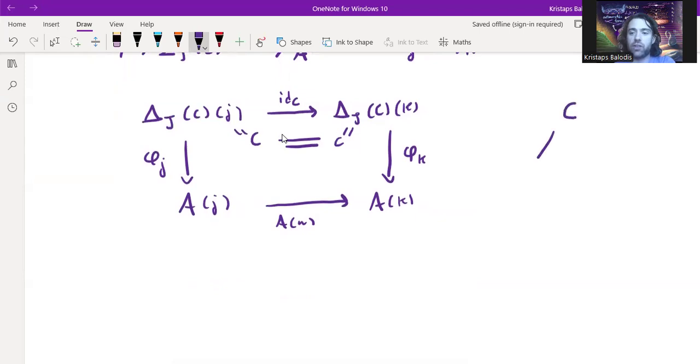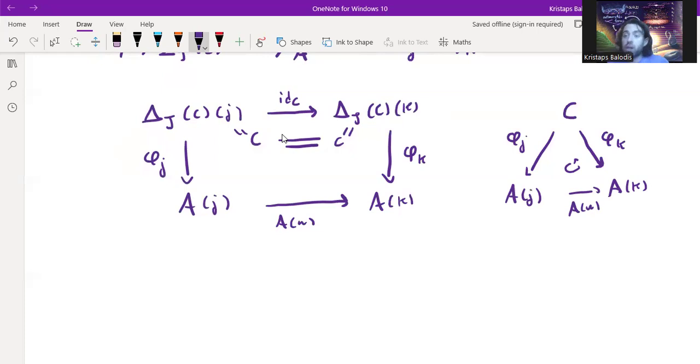It says that I have some maps phi j and phi k out of my object C down to these j and k in a way that commutes with a of u in this compatible fashion, right? Okay, so that simplifies a little bit. And it's nice to have this simplified picture for the craziness we're going to do in a second.